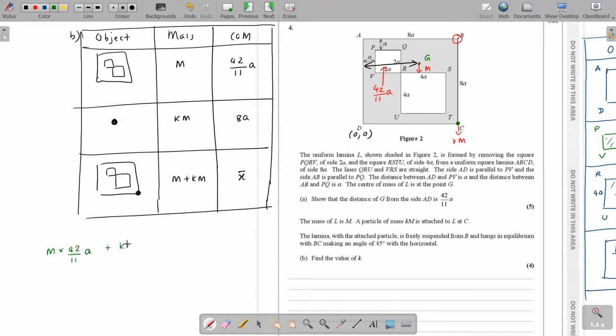Adding. Equals m plus km times x bar. M times 42a over 11 plus 8kma. Taking m out, 1 plus k times x bar. M is common. Remove m.